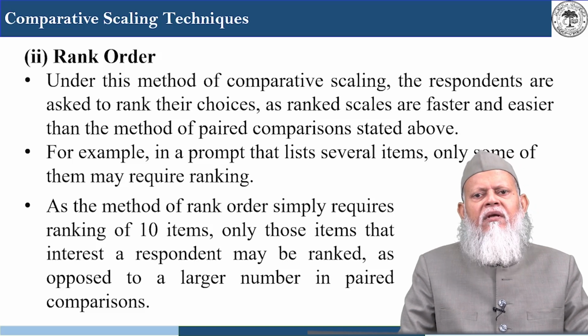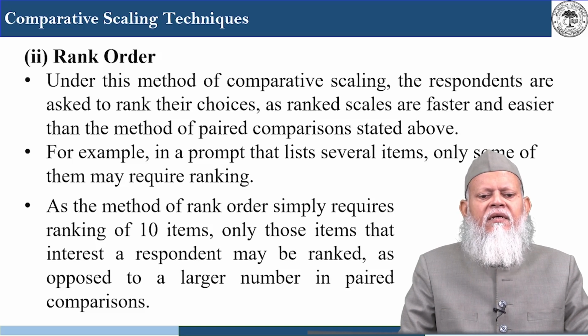For example, in a prompt that lists several items, only some of them may require ranking. As the method of rank order simply requires ranking of 10 items, only those items that interest a respondent may be ranked, as opposed to the larger number in paired comparison.